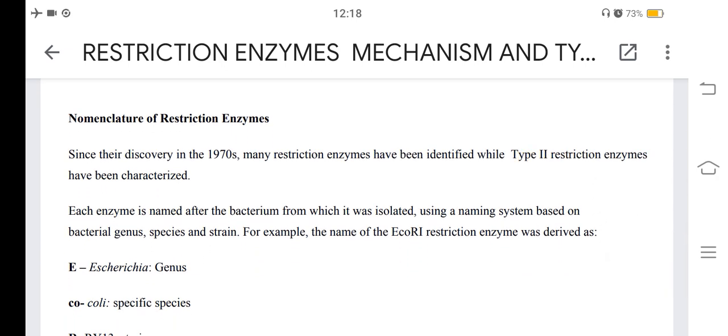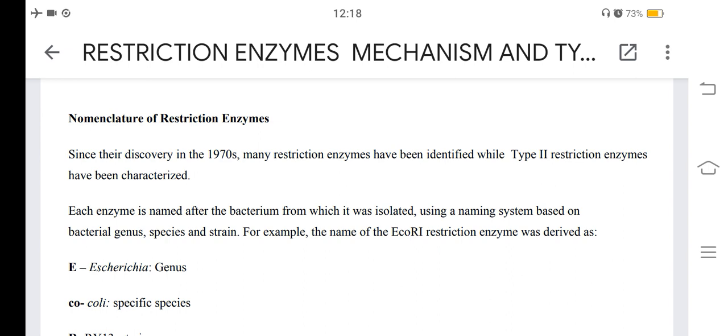Now let's learn about the nomenclature of restriction enzymes. Since their discovery in the 1970s, many restriction enzymes have been identified, while type 2 restriction enzymes have been best characterized. Each enzyme is named after the bacterium from which it was isolated, using a naming system based on bacterial genus, species, and strain.